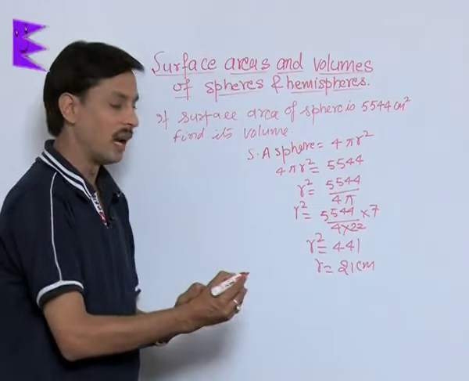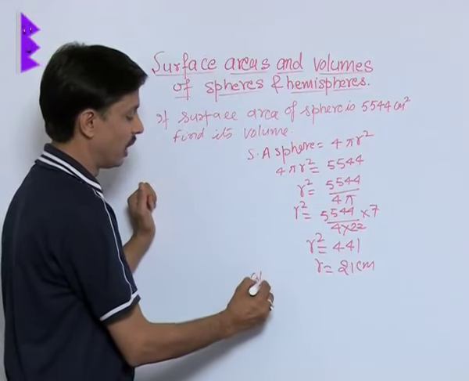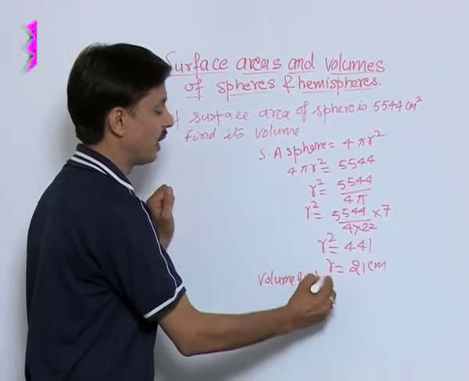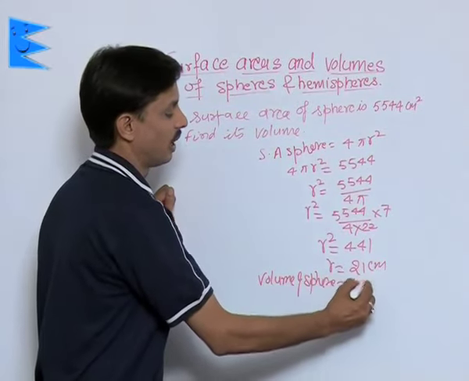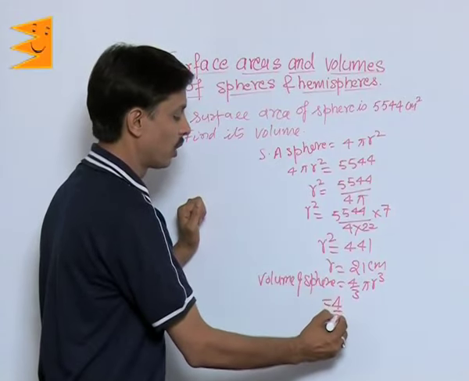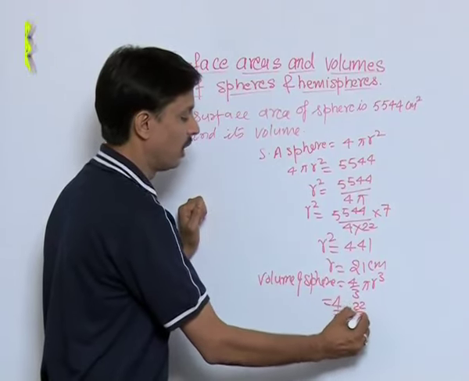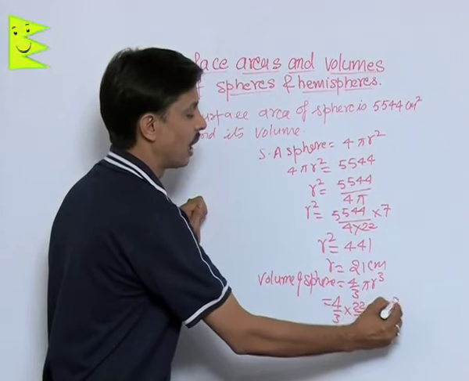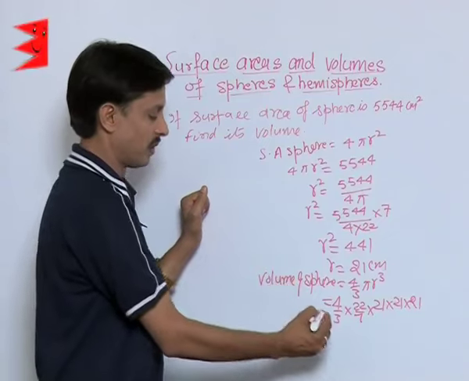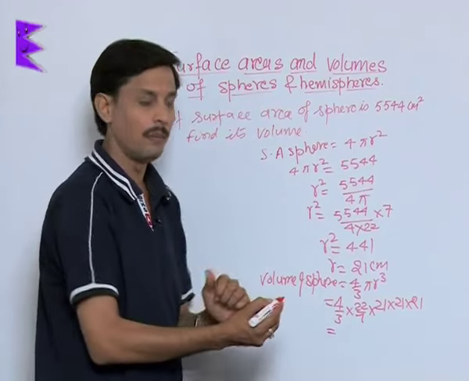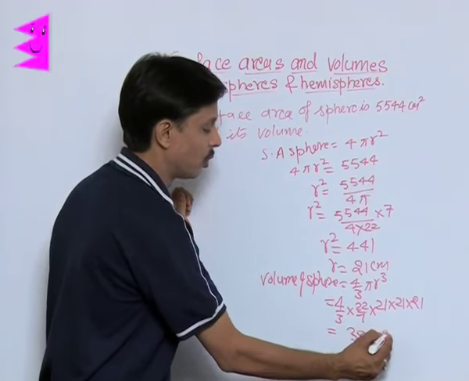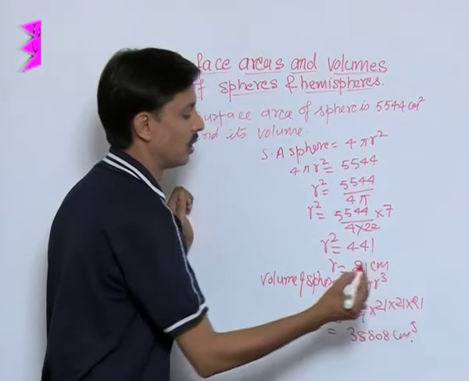We want to calculate its volume. We can say the volume of a sphere is given by 4/3 pi r cube. You can say 4/3, 22/7, r cube means 21 into 21 into 21. The simplified form of this is 38808 centimeter cube.